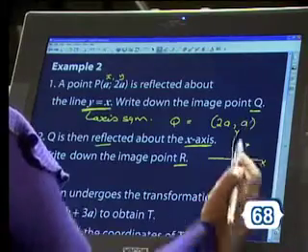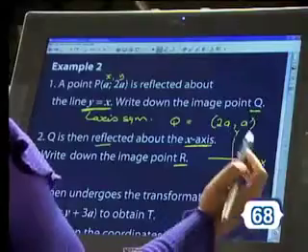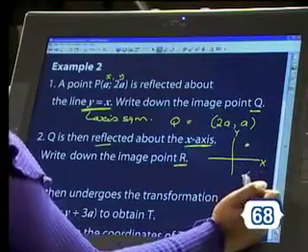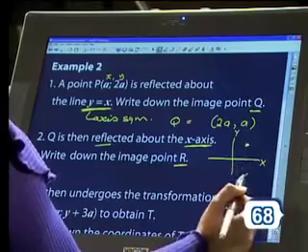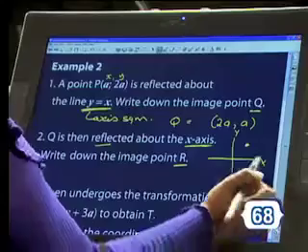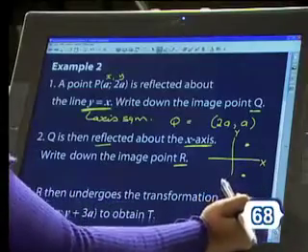Your x values are not affected at all by a reflection in the x-axis. It is only your y values that will change. If you had a negative y value and you reflect it in the x-axis, it's going to become positive, but once again, your x value is going to stay exactly the same.